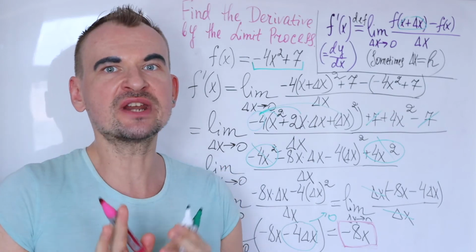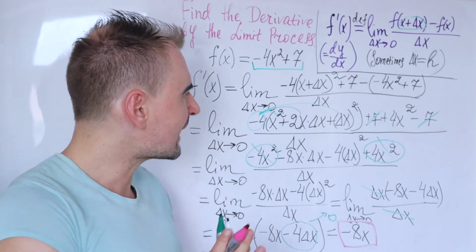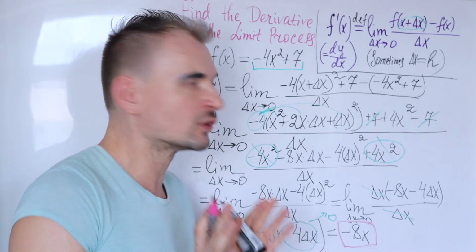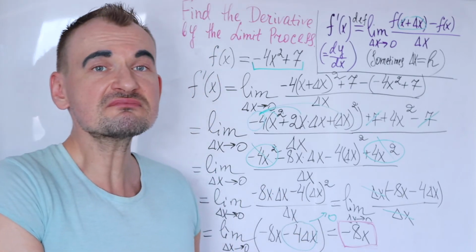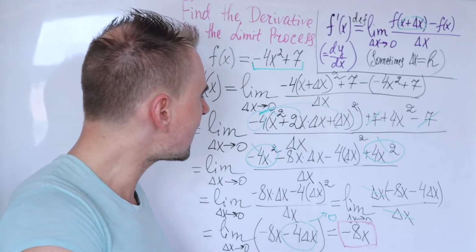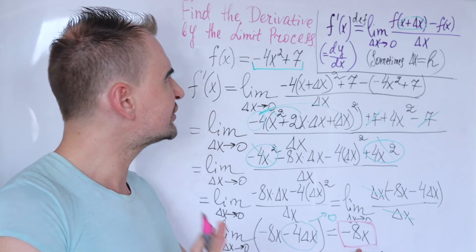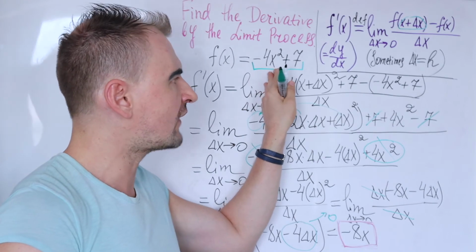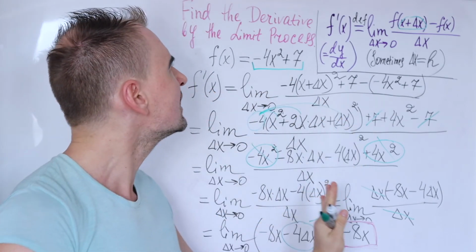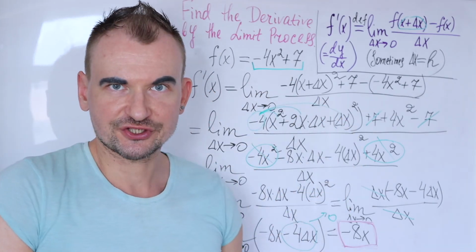And that's another story that's coming up. But that's what it is. Alright, so this is your final answer, negative 8x. This is your derivative for that function using the limit process.